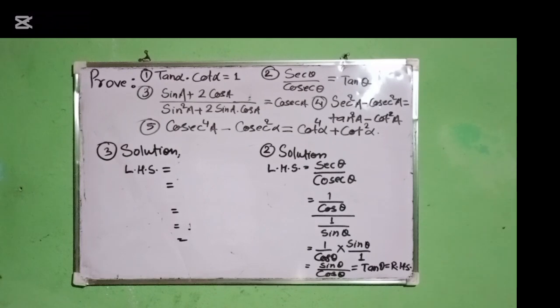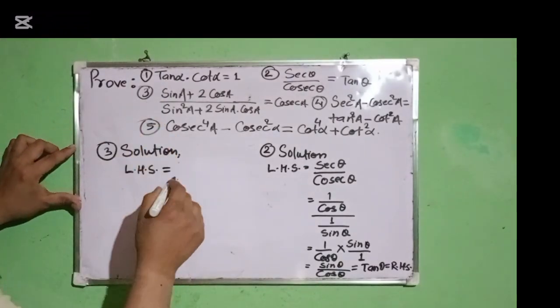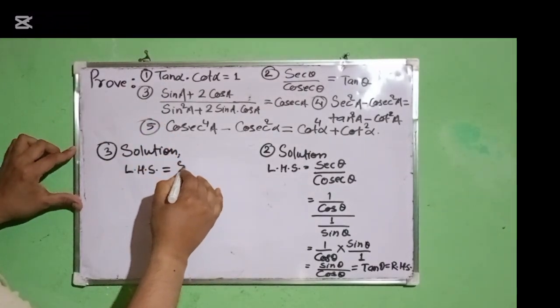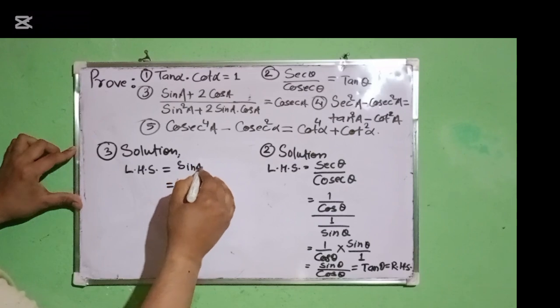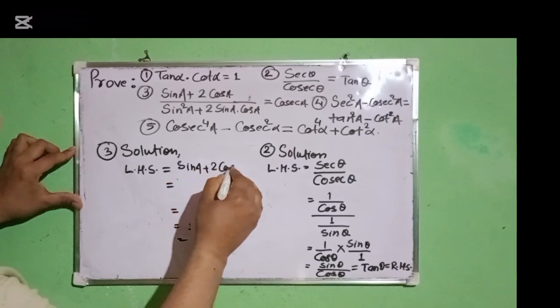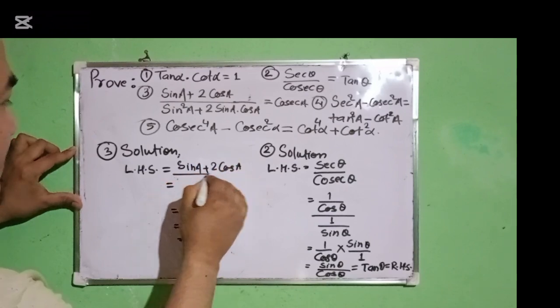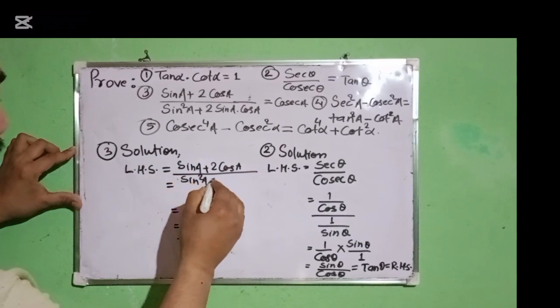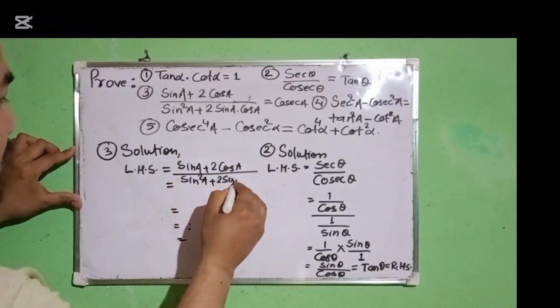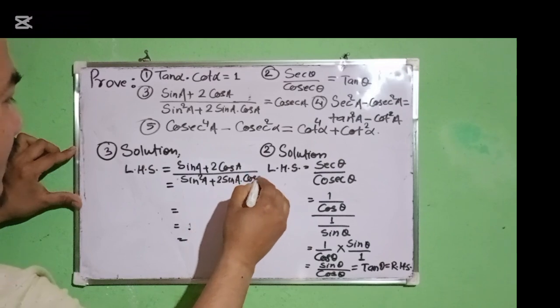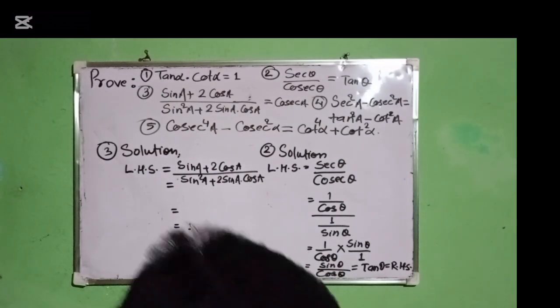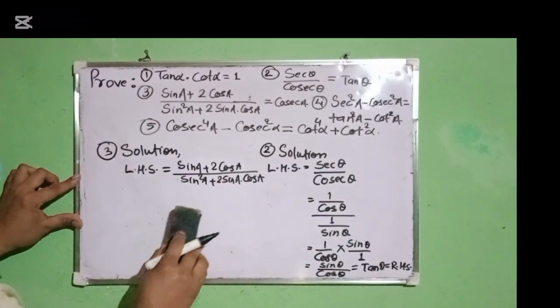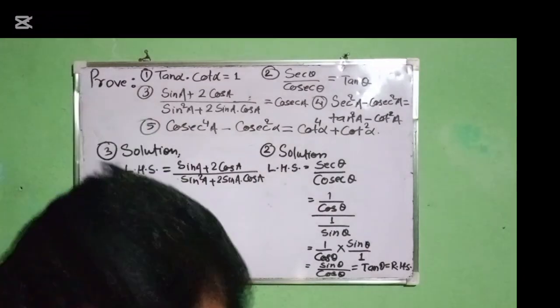In number 3 there is given sin A plus 2 cos A, whole upon sin square A plus 2 sin A into cos A. And for this question, look here, how to solve it.